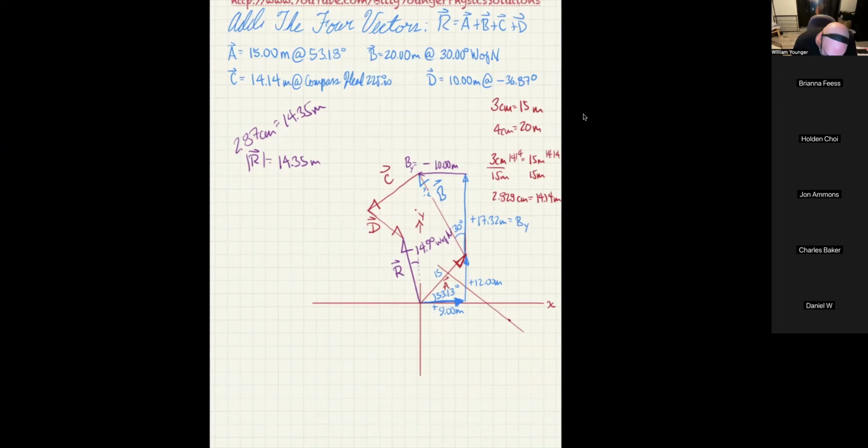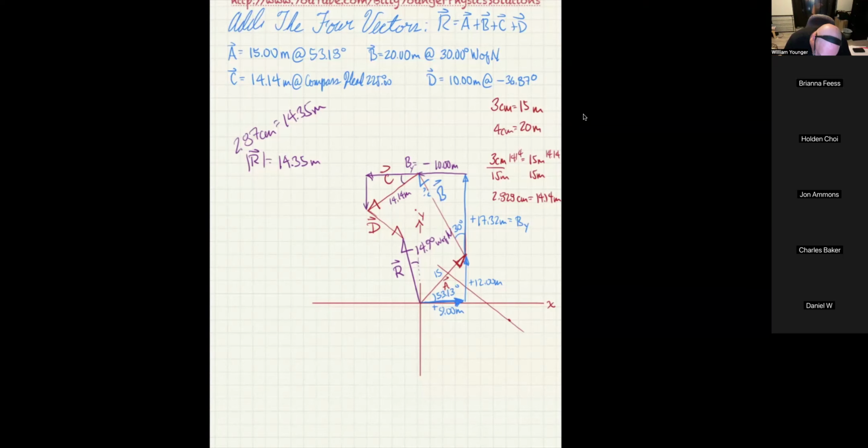Now in this one, C, that was the 45-degree below. So the X component and the Y component are both negative. So I'm going to draw it like that, and then like that. And of course, this side was 14.14 meters, which is 10 times the square root of 2. And this angle is supposed to be 45 degrees.